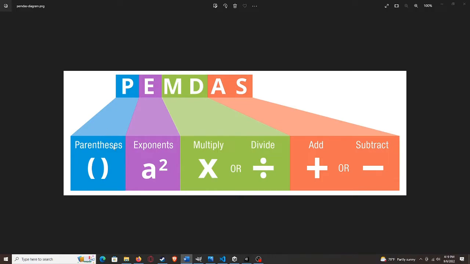Anything inside of parentheses goes first, then exponents, then multiply or divide, and then add or subtract. Now something to remember, it's not multiply then divide, it's both. So this is one step. That could confuse you, since MD is two letters, it's just one step. So it's technically four orders.